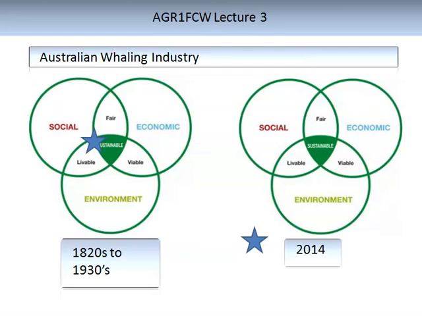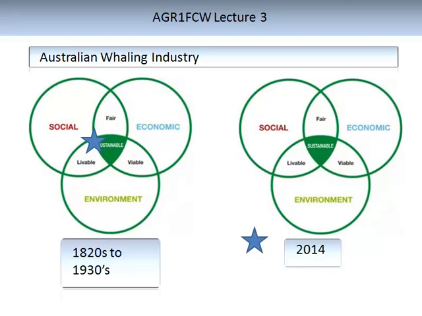An interesting industry to consider is the Australian whaling industry and how this has changed from a sustainability aspect over time. Whales were farmed for many reasons, and women corsets were produced as one of those reasons.